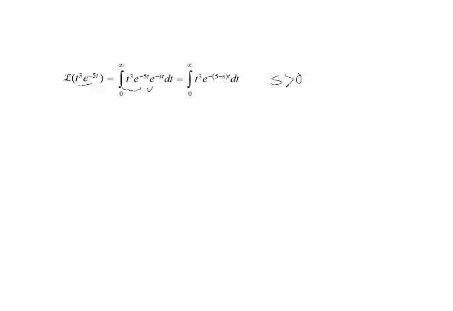So we would like to obtain the Laplace transform of this function. If we go by the definition, the Laplace transform of this function would be this improper integral, where we have the function multiplied by e to the negative st, and s is a positive constant.